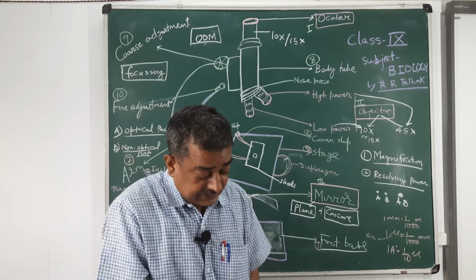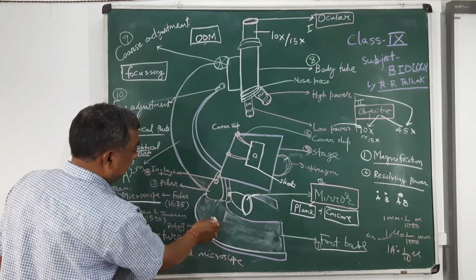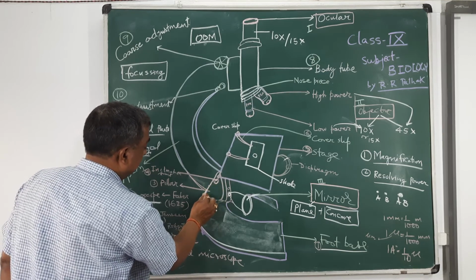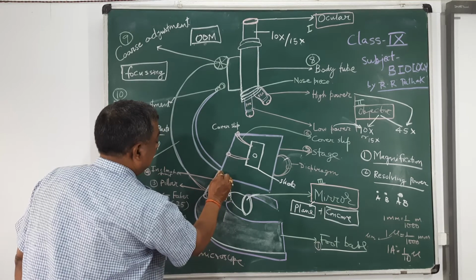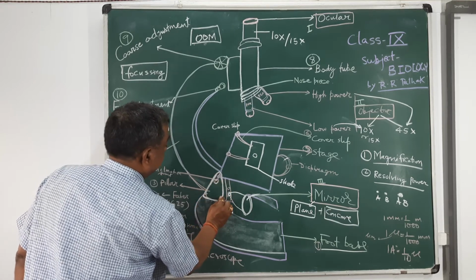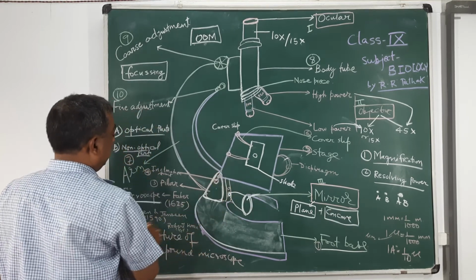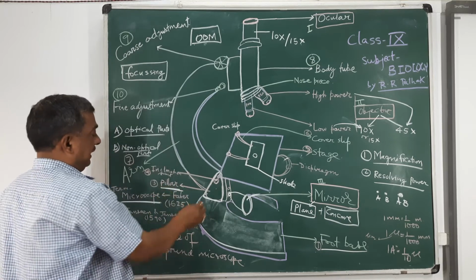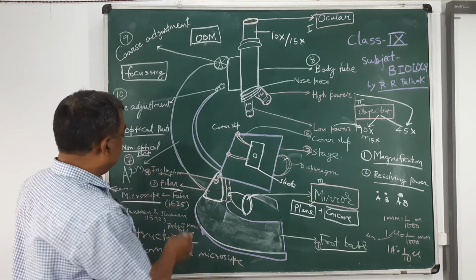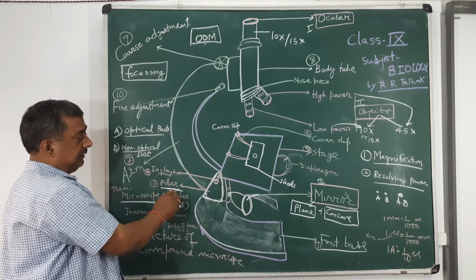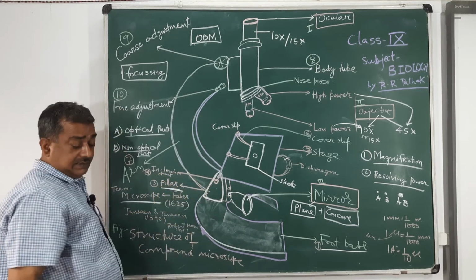Above the foot base the pillar is present. The foot base provides support to the pillar, and it has a joint called the inclination joint, which is used for the focusing of light.